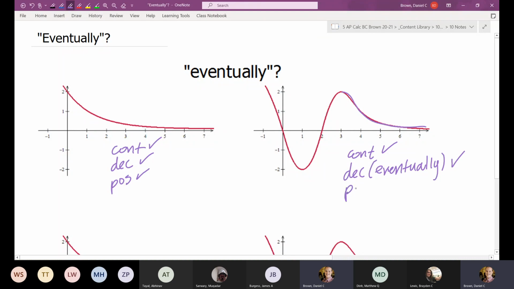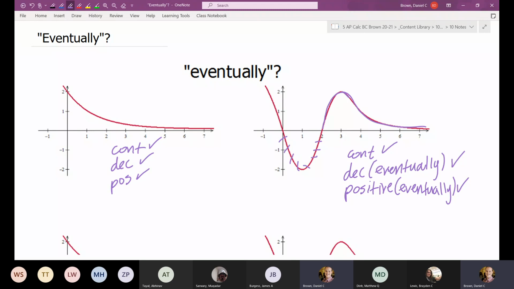Also dealing with positive, it's not always positive, but it is positive eventually. So we would also be able to use the integral test for this. Even though it starts off negative down here, it does end up eventually being positive and then stays positive as you go towards n approaching infinity. So that's what I mean by eventually.